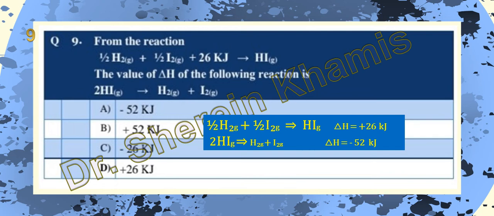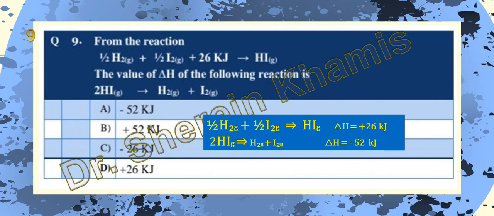To give H2 gas and I2 gas. So at the end of the reaction, we have here 1 mole of HI to produce it plus 26. Okay, when we reverse it, it will release, but we have 2 moles, so we will multiply times 2.